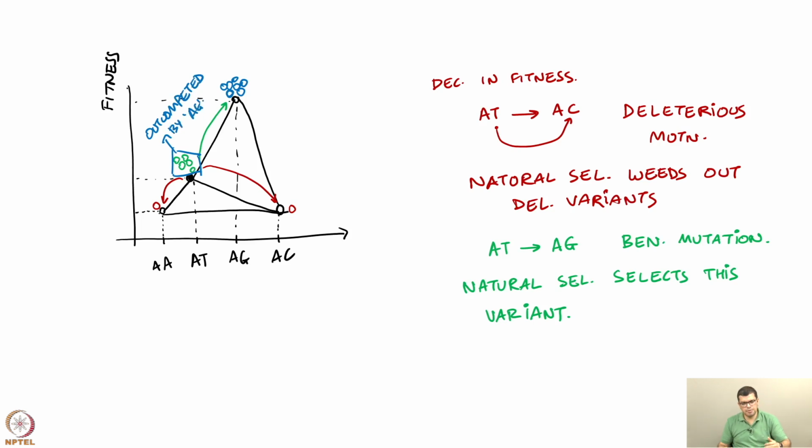Hence the entire population, given sufficient time, transitions from being at AT to being at AG. That transition takes place.